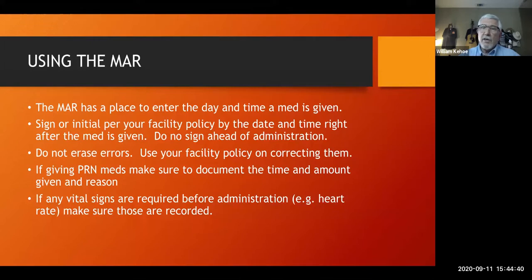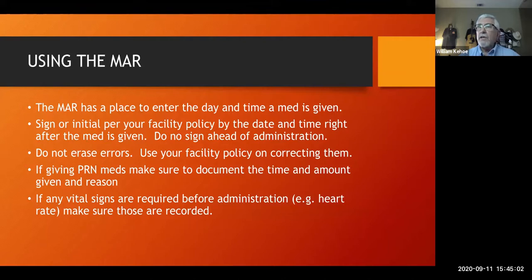But the thing that you want to make sure you don't do is you don't erase on official documents like MARs. If you make a mistake, a single cross through, your initials, and then what the error was, and then put the correct information on there is really what we do. For PRNs, again, documenting the reason it was given and the time.